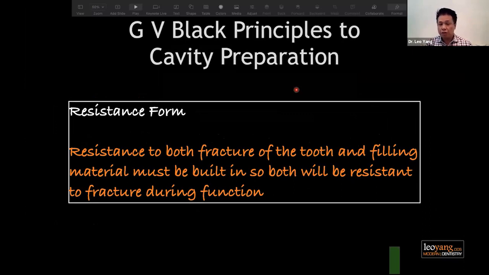Nowadays, because of the strength of bonding agents and bondable cements, I really don't worry about resistance form so much, because a lot of things just don't break. And I can show you later on examples of what that looks like, because if you're not familiar with that, you'll be worried about things breaking. But if you're going to bond things, resistance form doesn't really apply as much nowadays for me.